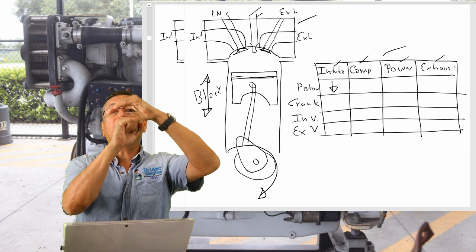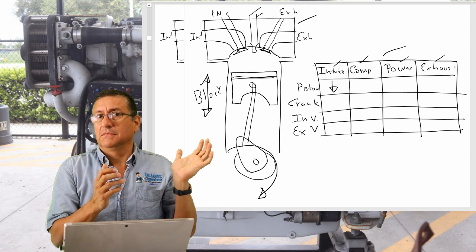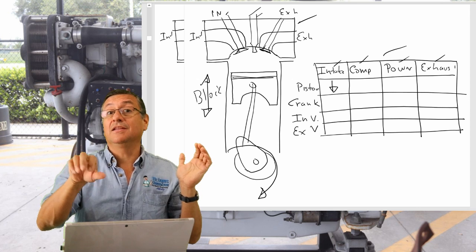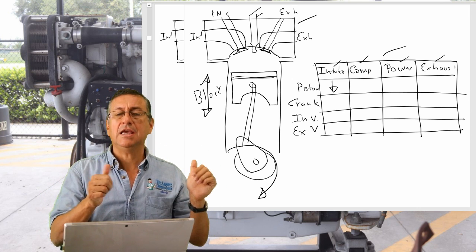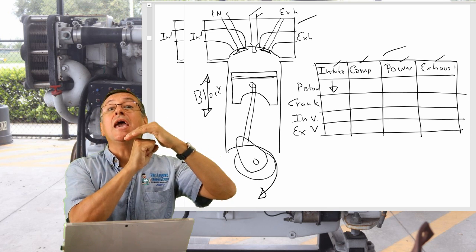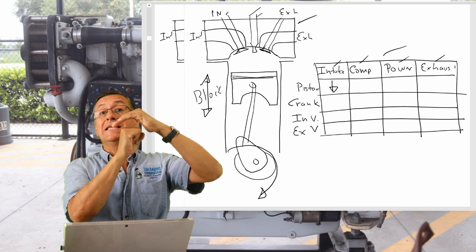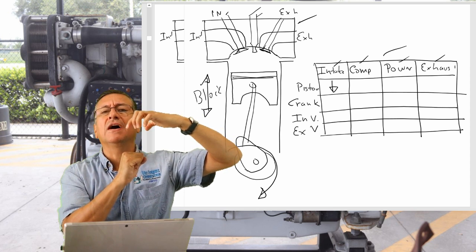Now, when the piston is going down, I want to enter air in the diesel engine or air and fuel in the gas engine. Ready? Okay. In that case, during the intake stroke, the piston is going down, and what valve is open? Intake valve or exhaust valve?